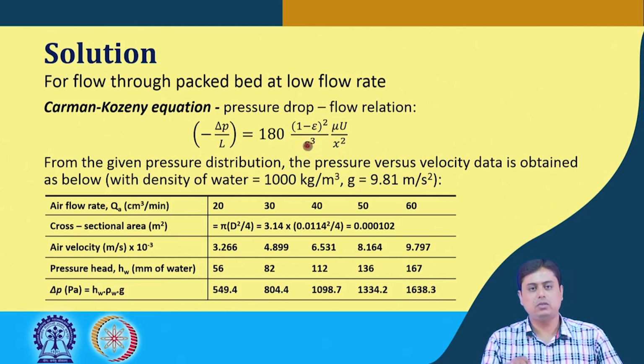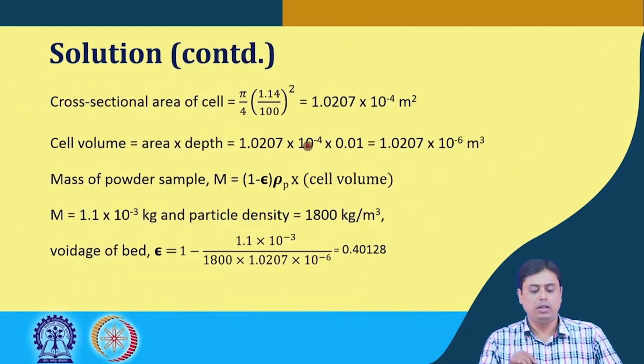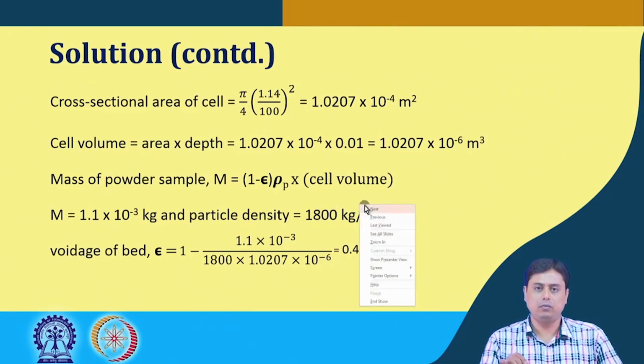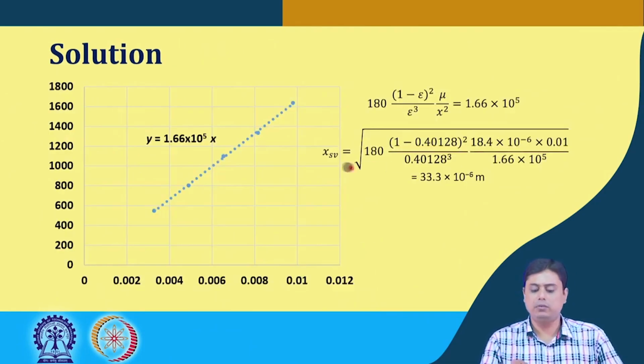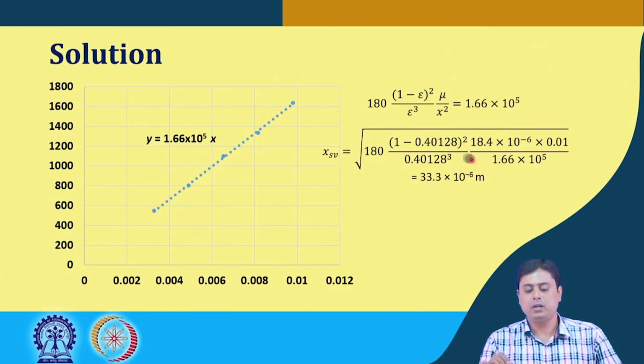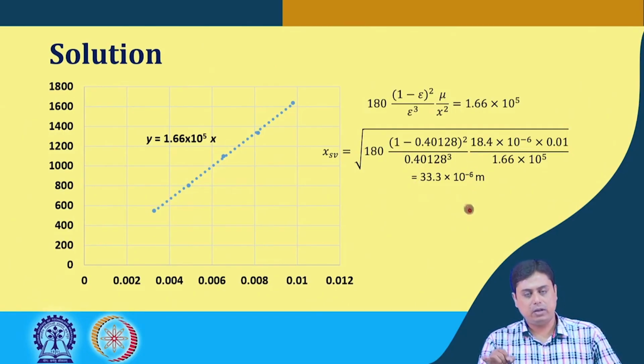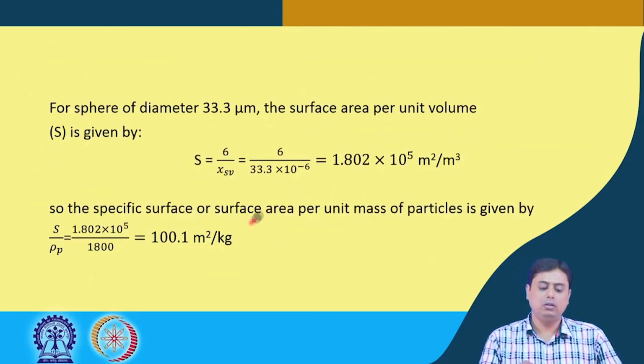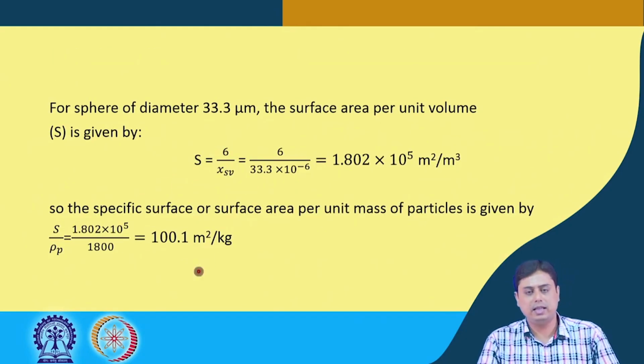So, bed voidage, we understood its definition and how it is calculated from the mass of the total sample. Once that epsilon is known, the problem becomes much easier. So, this is the particle size that we have calculated, and from the particle size we have found the specific surface area for that powdery material.